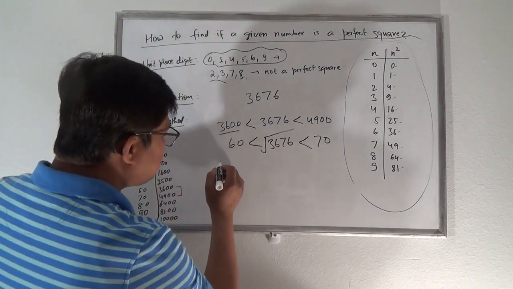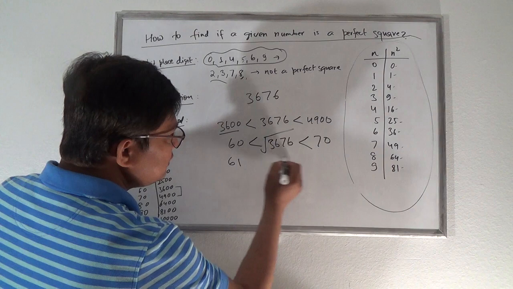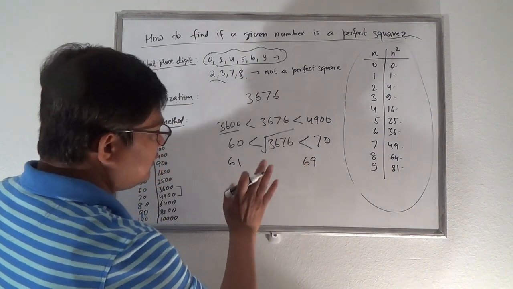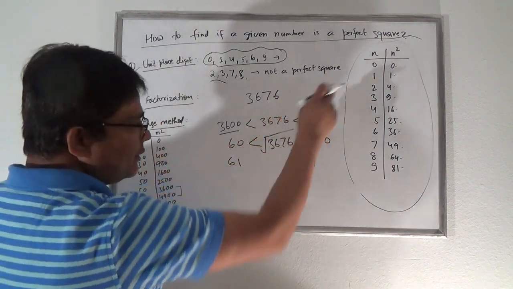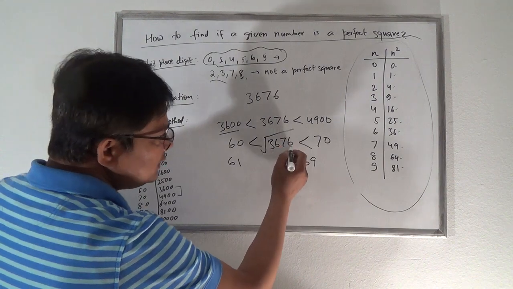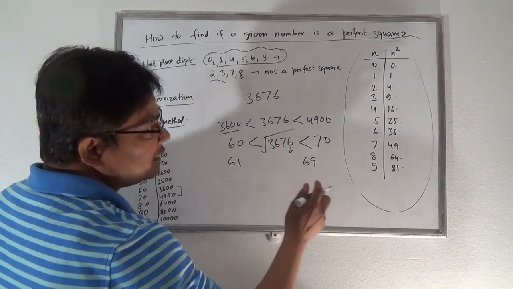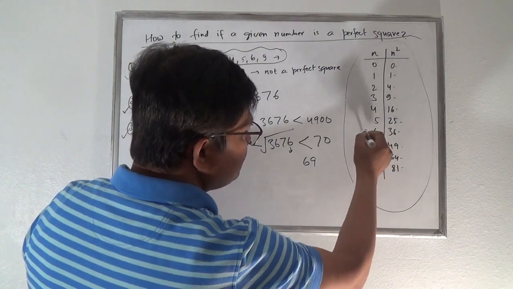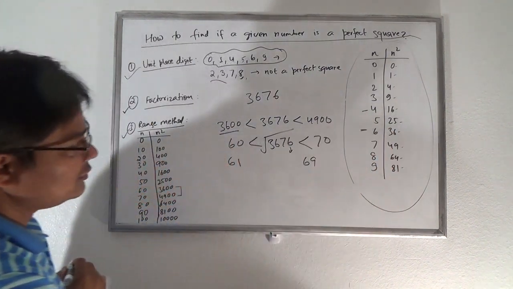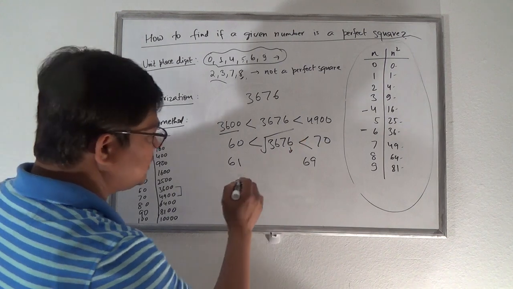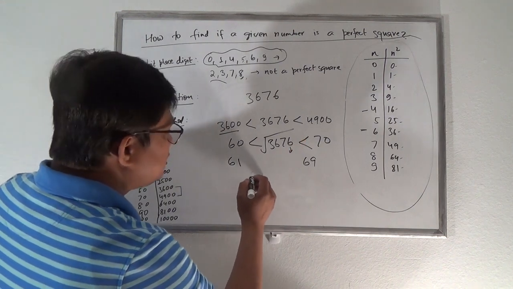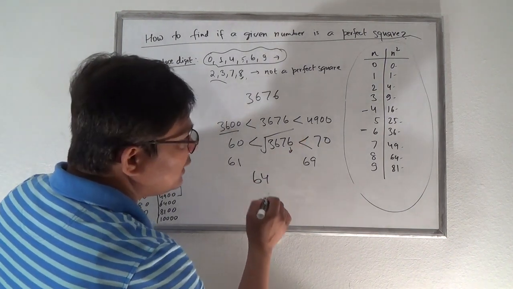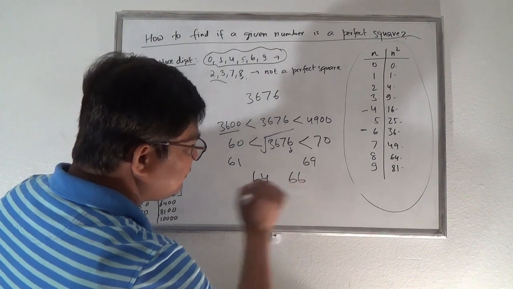So now what you do is check from 61 to 69. Now again, let's go to this table. What digit is at the unit place? 6. So where do we have 6 here? It's 6 or 4. So basically I have to check just two numbers: one is 64, another is 66.